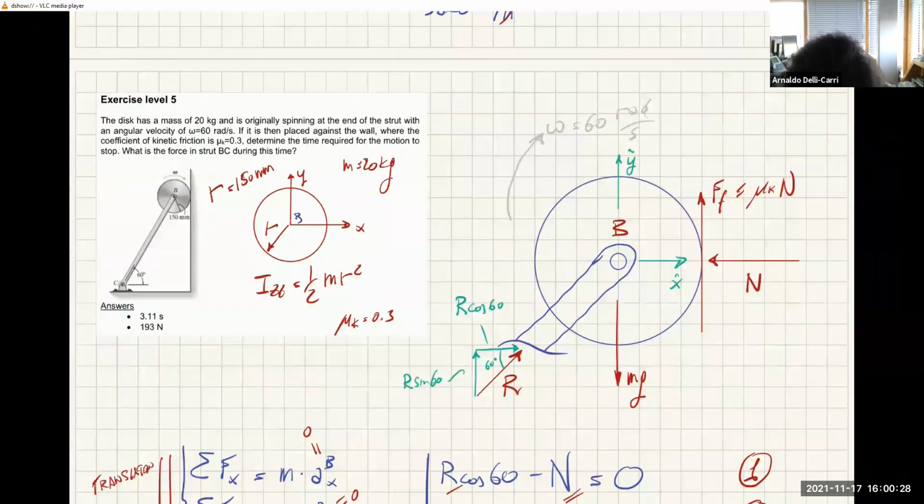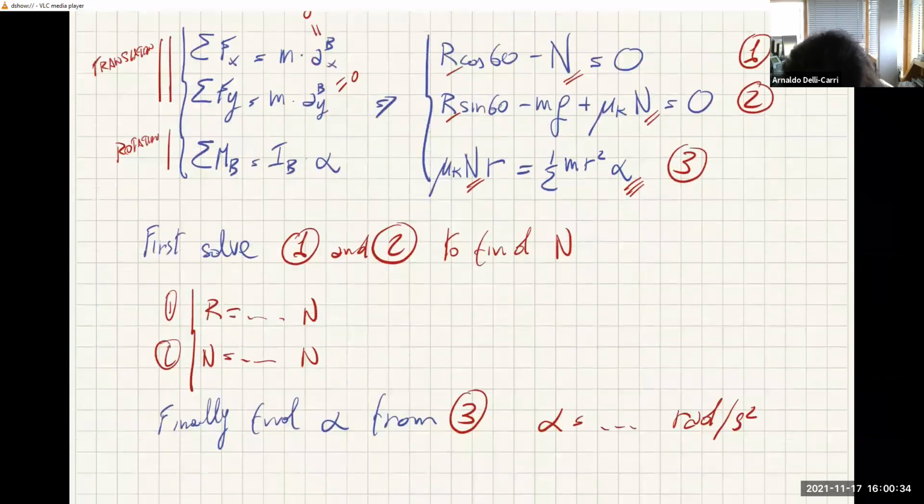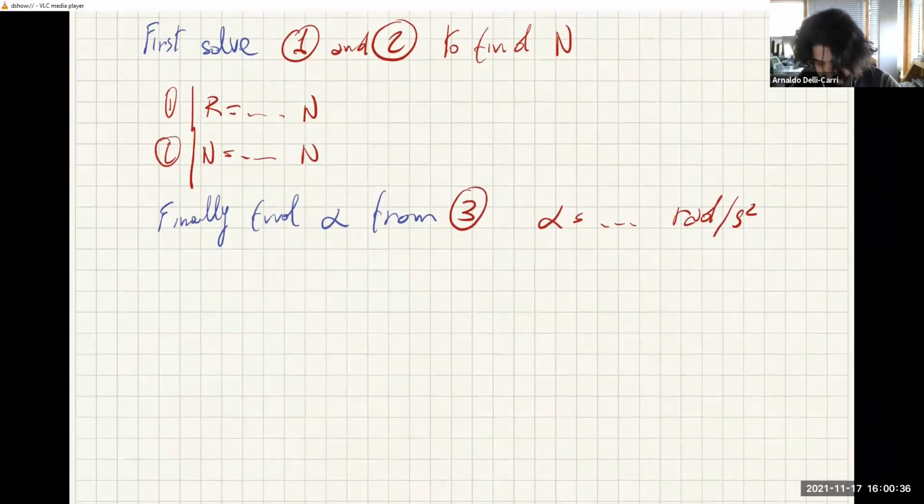And now what this is asking is the time required for the motion to stop. So now that we have alpha, observe, alpha is constant.